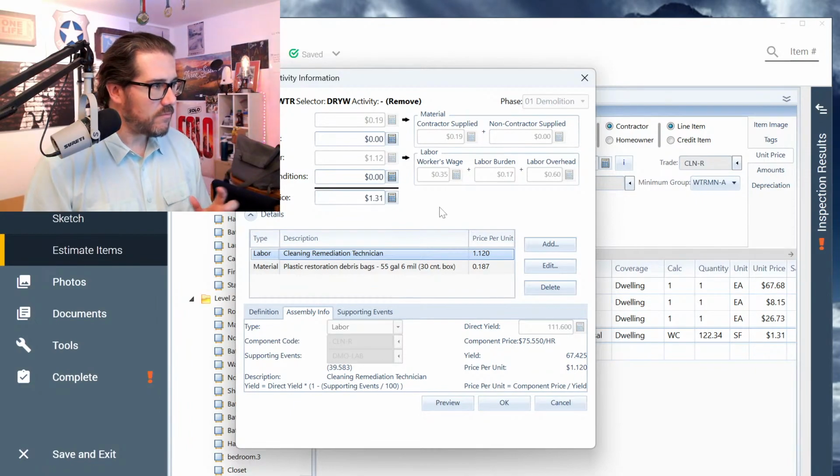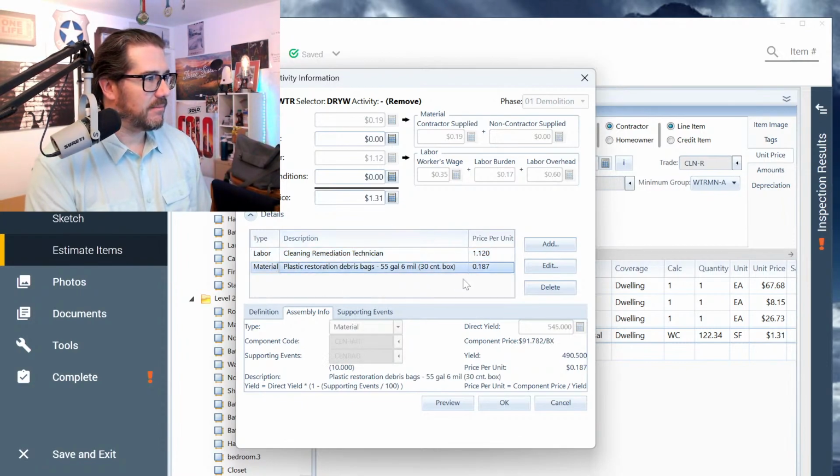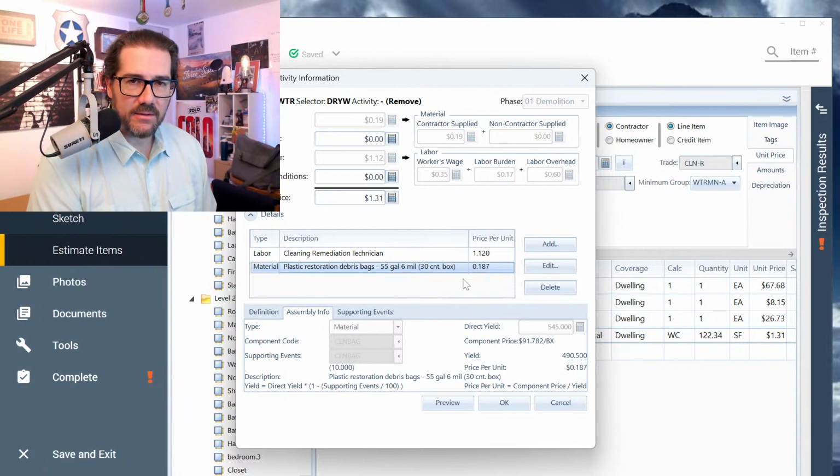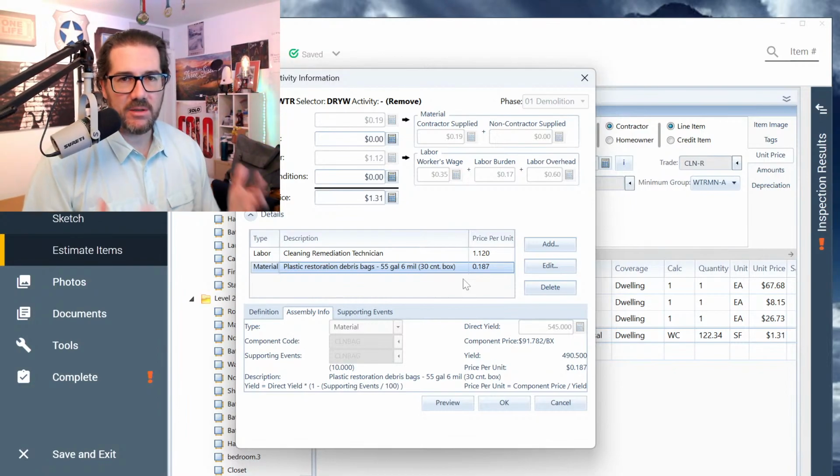So when you see the material in here, 18 cents per bag, essentially, that represents a retail rate for that bag. So go out in the market, go to Home Depot, go to Lowe's, buy a box, and use them. Your cost for that bag is going to be about 18 cents.